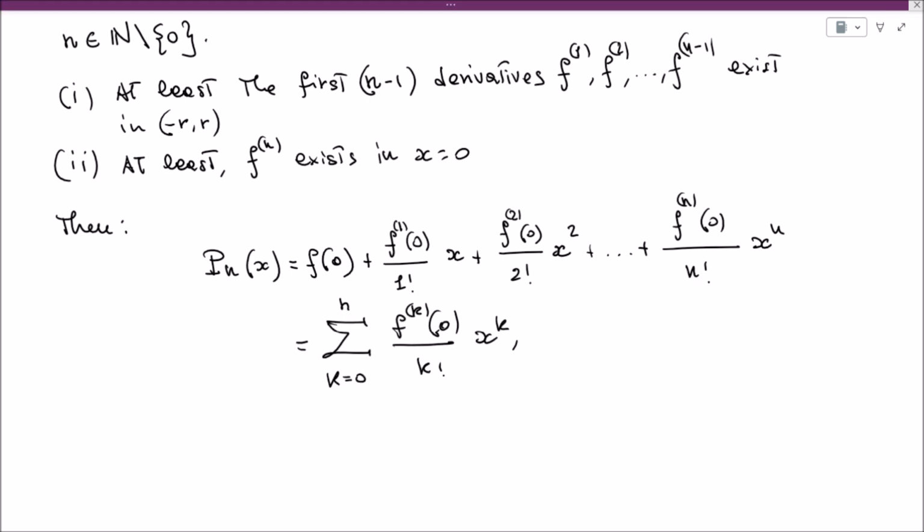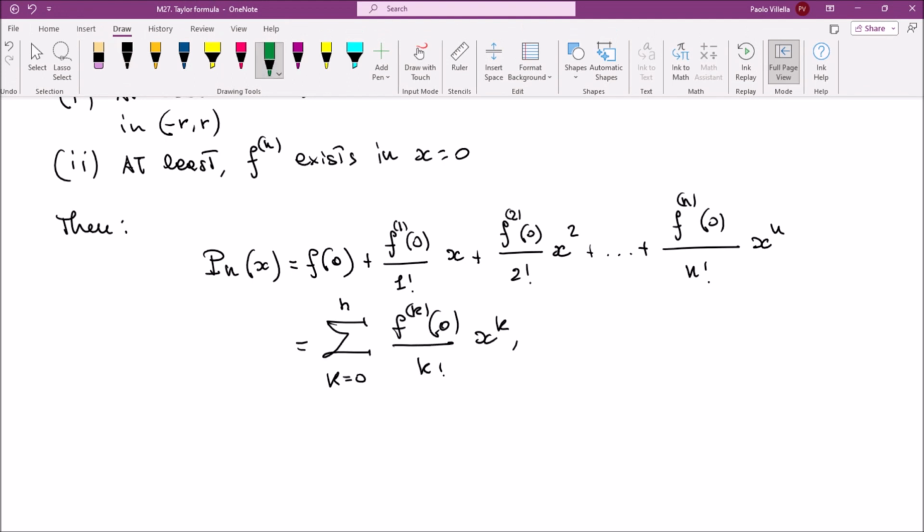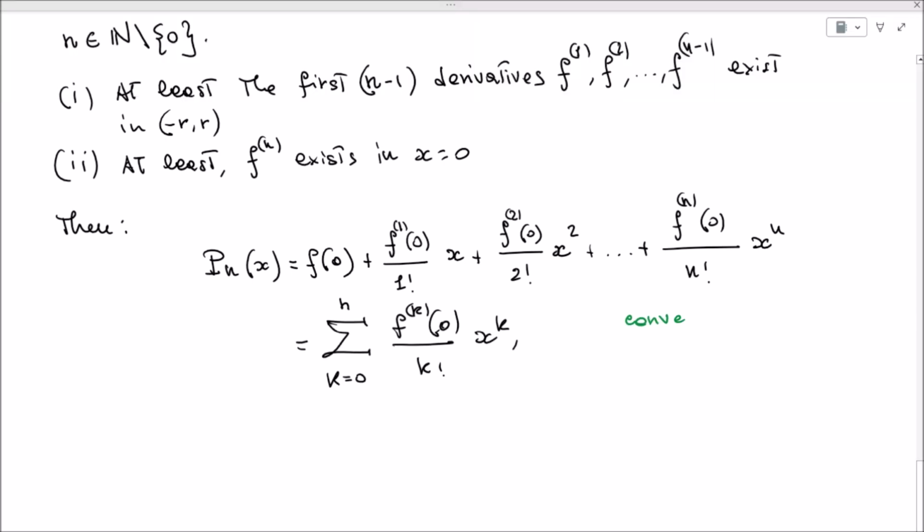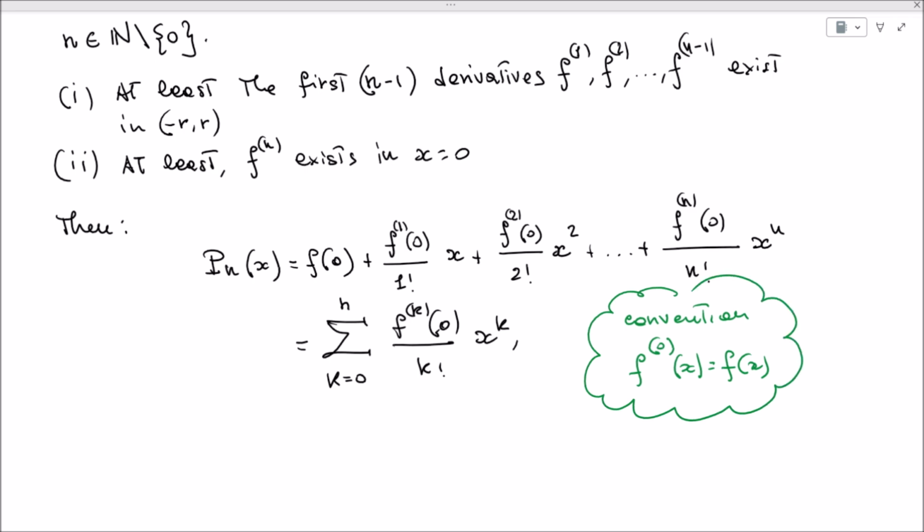And we are assuming a convention: the derivative of order 0 of f of x will be just the function itself. Okay, so this is the convention that we are using.